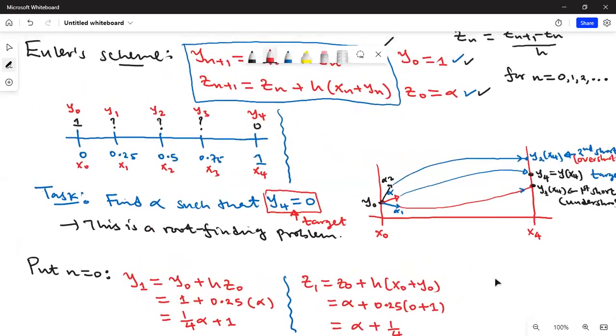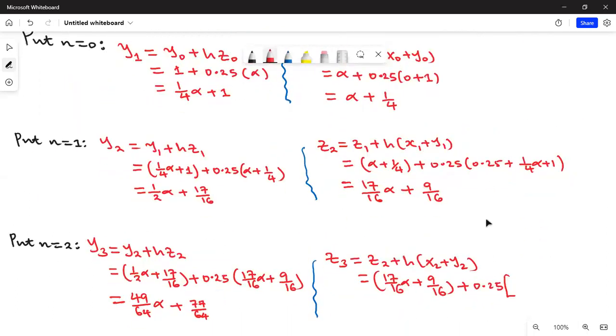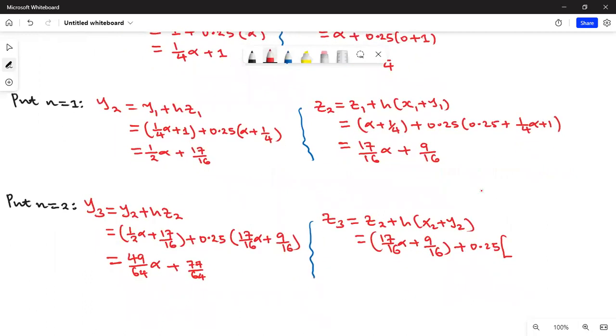Our X2 is 0.5. So that's what I write here, 0.5, plus Y2, which is 1 over 2 alpha plus 17 over 16. If you simplify this, you need to get Z3 is equal to 19 over 16 alpha plus 61 over 64.